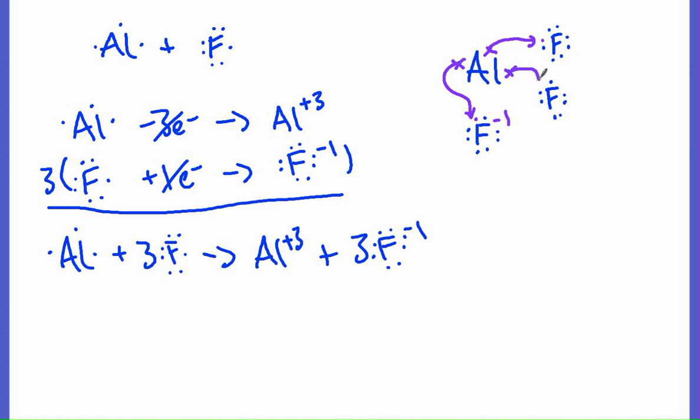But overall, when you finish your work, you're going to have these 3 fluoride ions with a -1 charge, and you're going to have 1 aluminum with a +3 charge, and you're basically going to get the same result as we had below. So when it's all said and done, I still need you to give me this answer in that form, because that's what reactions look like, right?